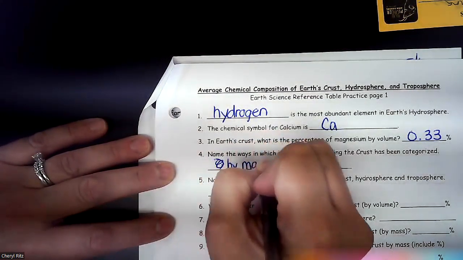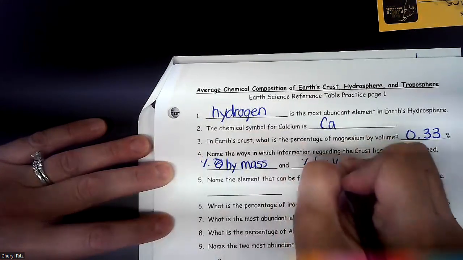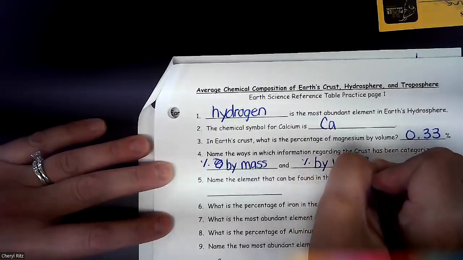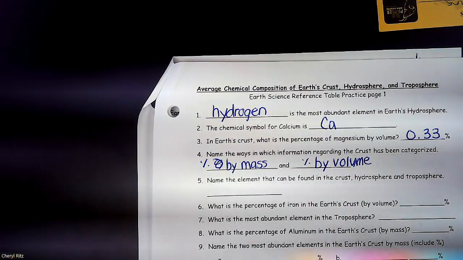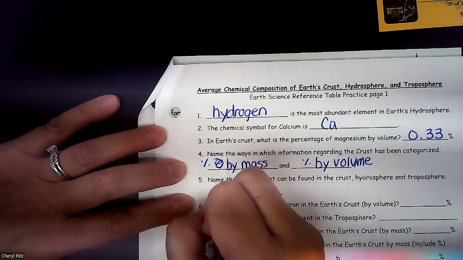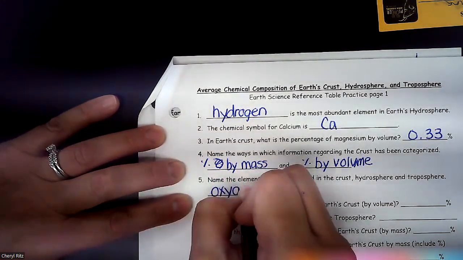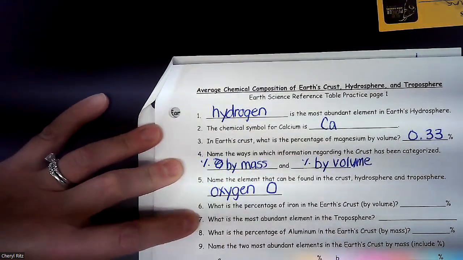By mass. So that should be percent by mass and percent by volume. Olivia, how about name the element that can be found in the crust, hydrosphere, and troposphere? You got it. You could have written it out as oxygen, or you could have just said O. Either one's good with me.